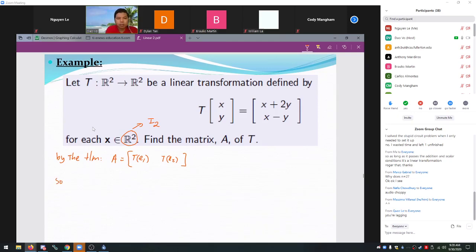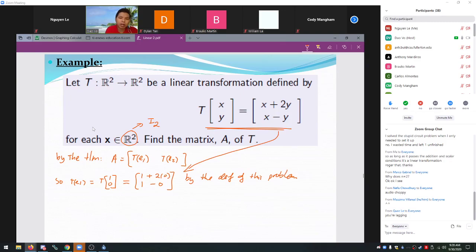So T of e1, which is T of (1, 0), by definition will be (1 plus 2 times 0, 1 minus 0), by the definition of this problem. That's what we are relying on.